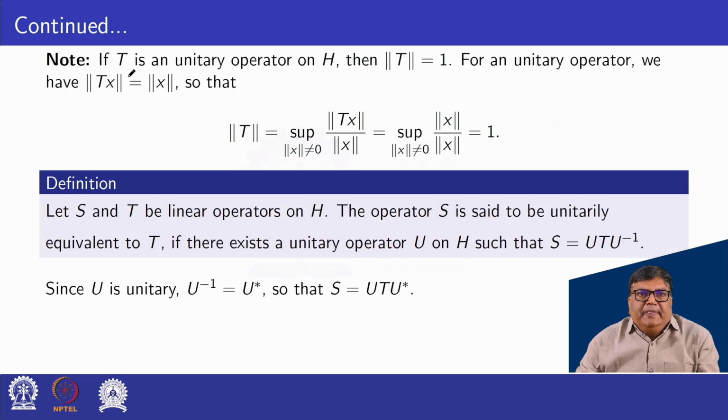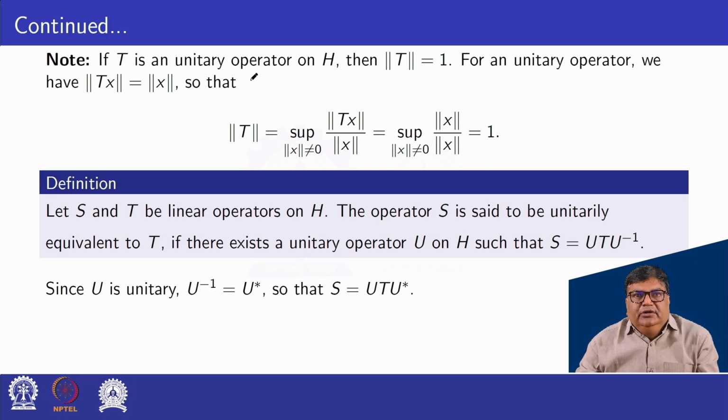Noting point: if T is a unitary operator on H, then norm T is equal to 1. For a unitary operator, we have norm Tx is equal to norm x. So norm T is equal to the supremum of norm Tx upon norm x, where x is not equal to 0.